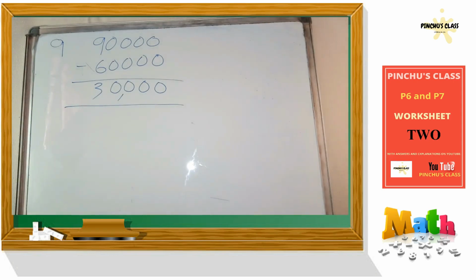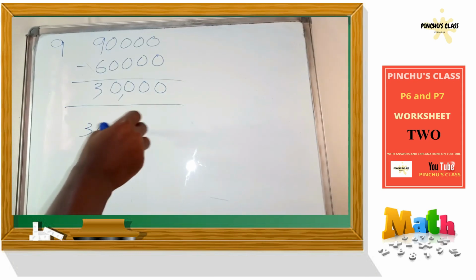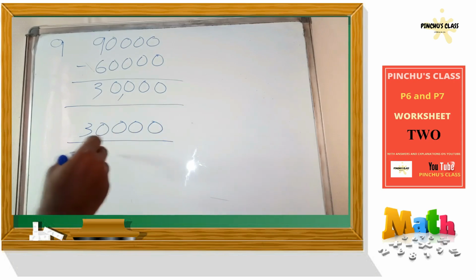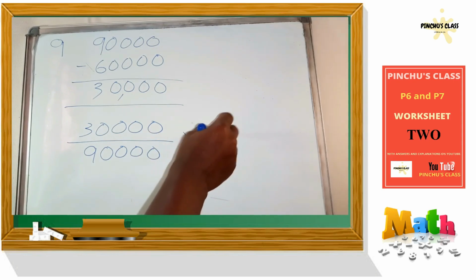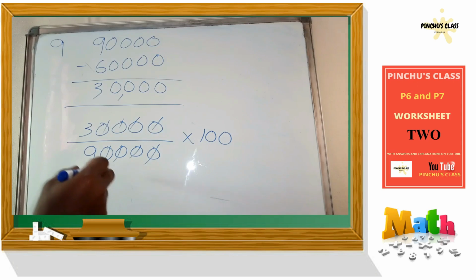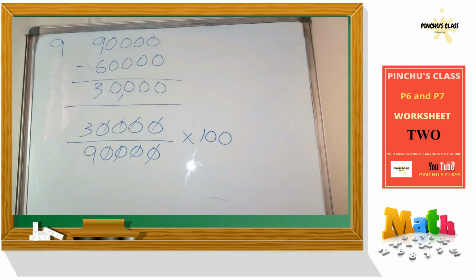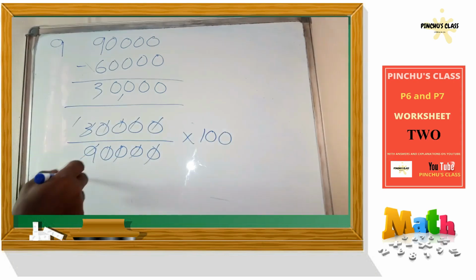Therefore, we are going to get the amount reduced out of the original amount times 100. So we reduce by 3, 1 by 3, this will be 3, 3.